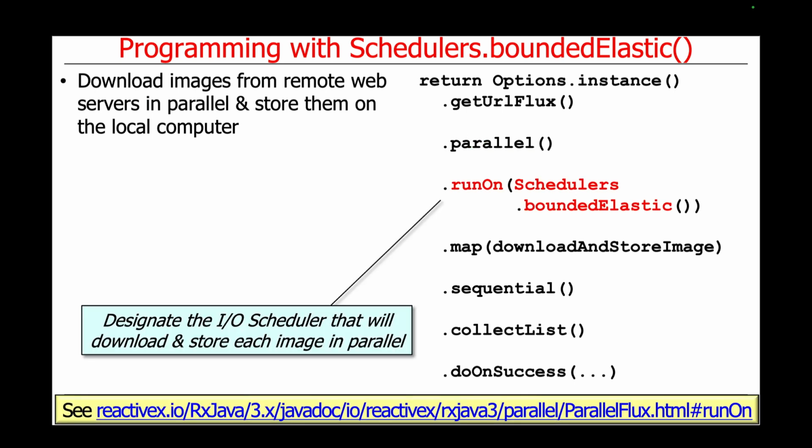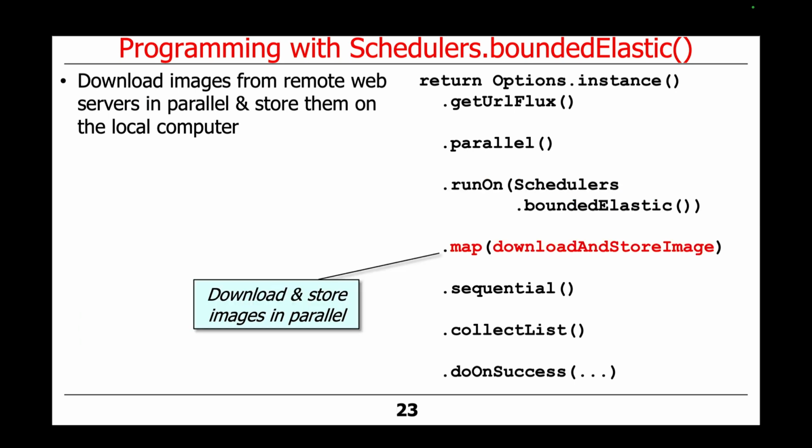Next, we call the runOn method, passing in the bounded elastic scheduler that's obtained from the Schedulers bounded elastic factory method. And this is an I/O-based scheduler that can download and store each image in parallel. At that point, we call the map operator, defined on parallel flux, to download and store each of the images in parallel.